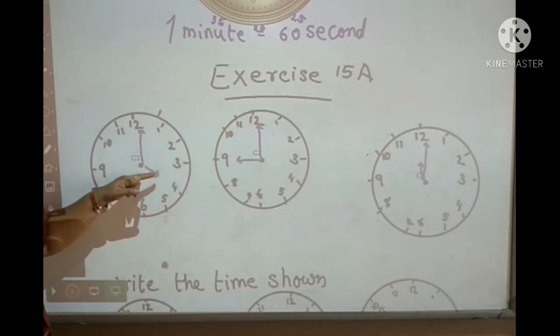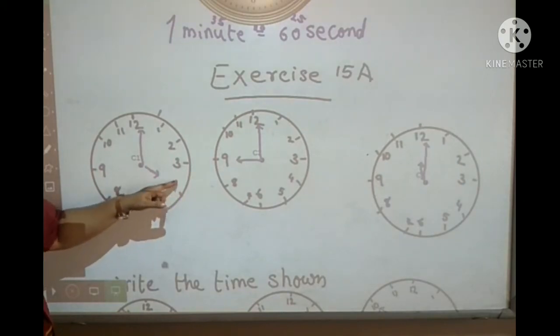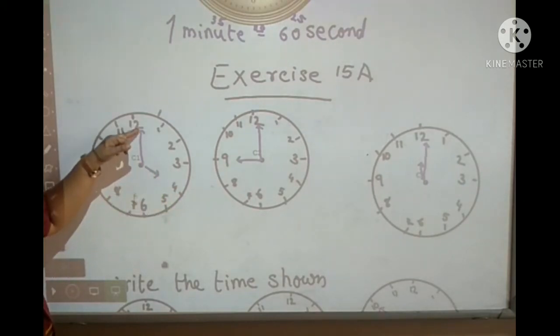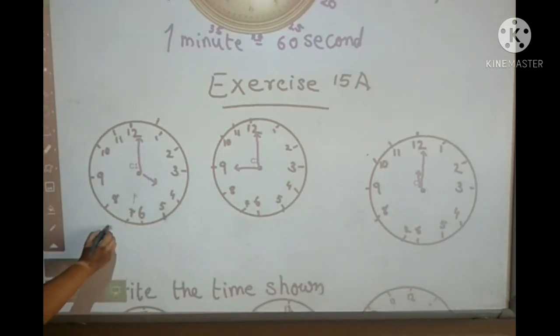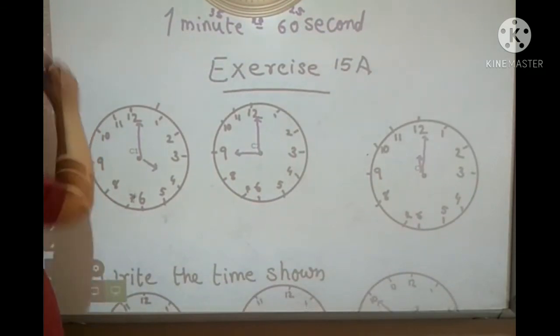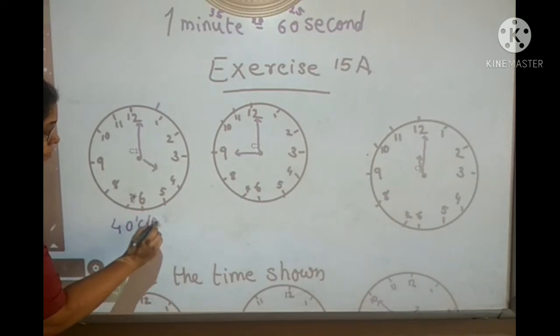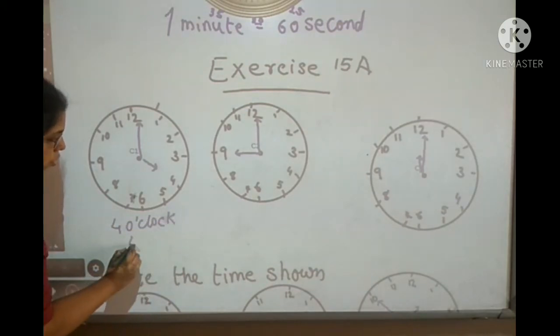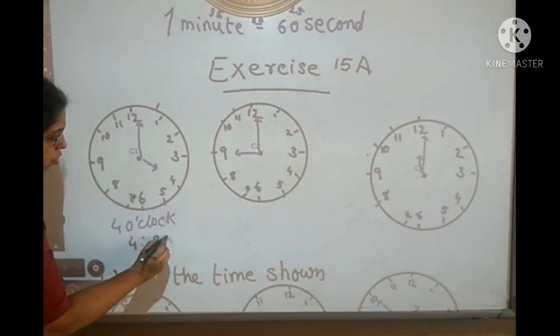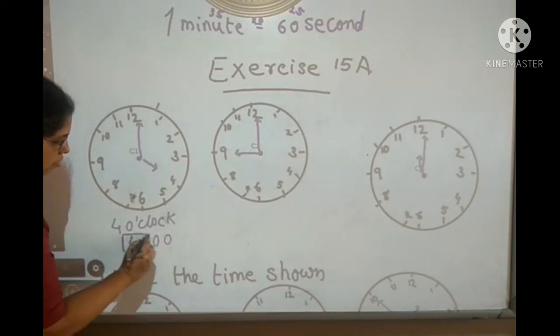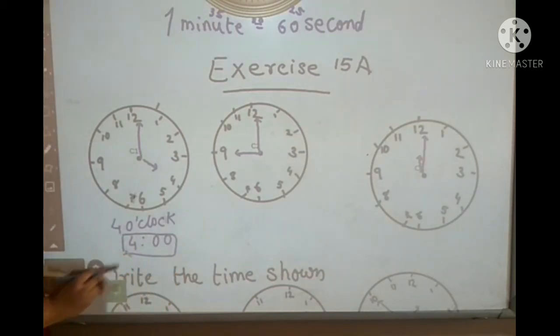Our hour hand is on which number? This is on 4. And when the minute hand is on 12, that is 4 o'clock. Otherwise you can write 4:00, like this. In mathematical language you have to write 4:00.